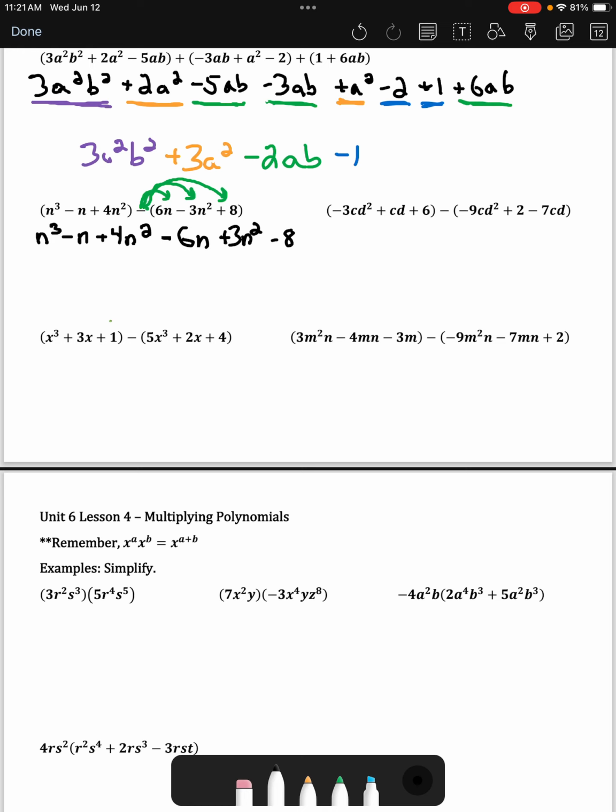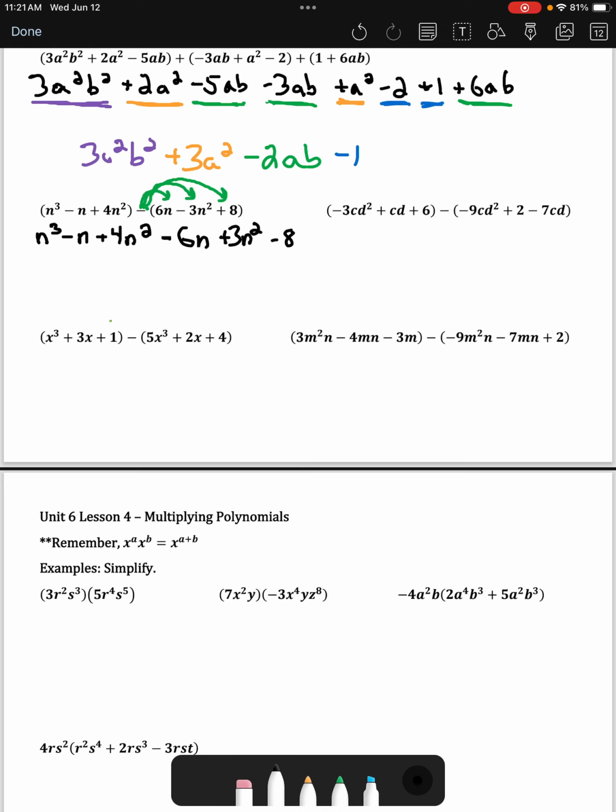The only thing that's different when we have a subtraction symbol, a negative sign in between the parentheses, is that we must distribute it to everybody in the second group, meaning we have to change all the signs in the second group.